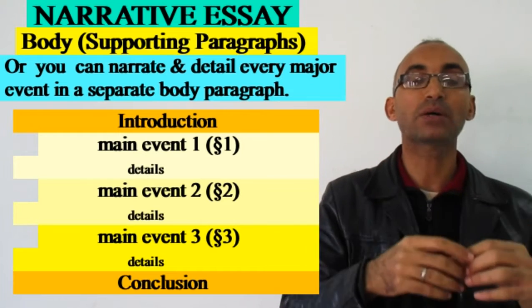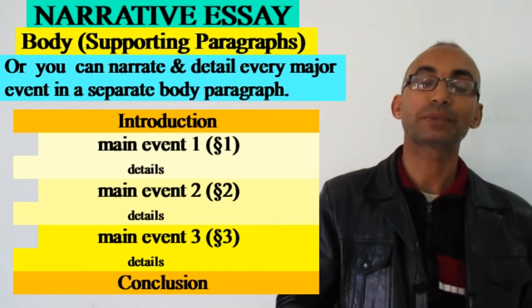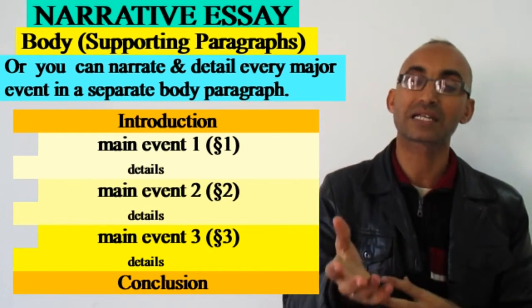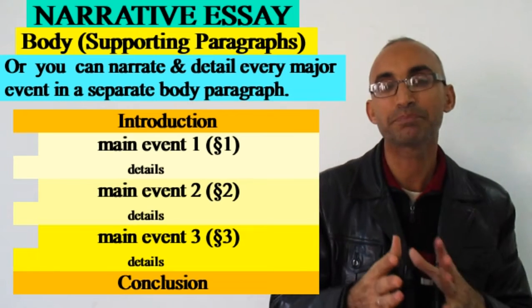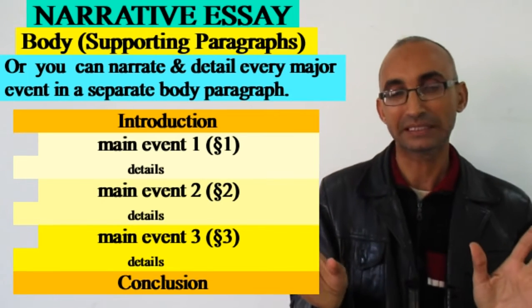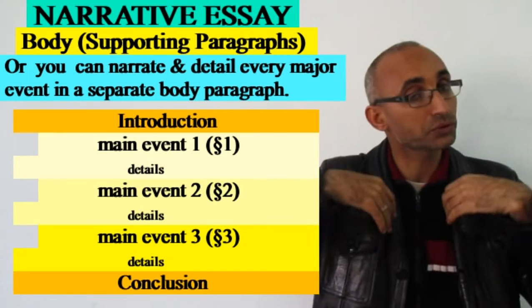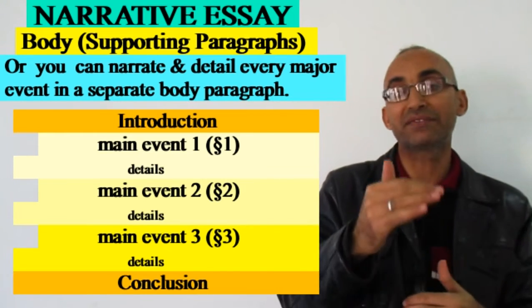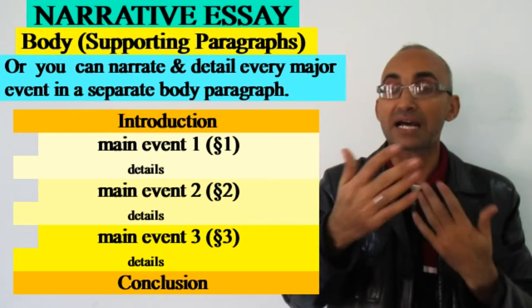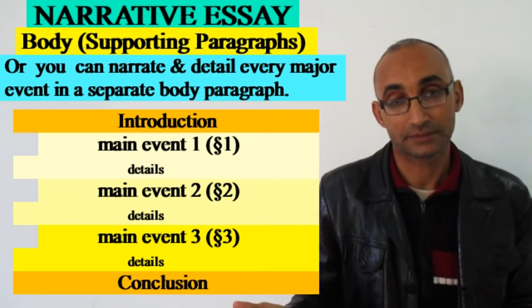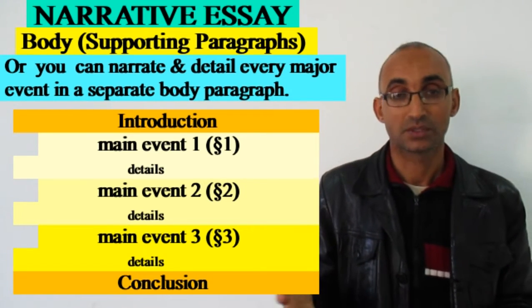Then, second paragraph about the second major event. Third paragraph about the third major event. And so on and so forth. Clear? Let them be at most three. Clear? Three body paragraphs. And why not? Of course, you are allowed to include all the events in one body paragraph. It's not wrong, it's correct. Clear? Good.